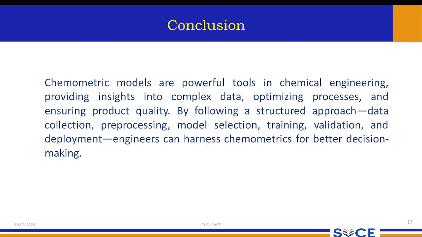Okay. So the conclusion of today's lecture regarding the chemometric models, very important from the chemical engineering perspective. The chemometric models are powerful tools in chemical engineering, providing insights into complex data, optimizing the process, and ensuring the product quality. By following a structured approach of data collection, pre-processing, model selection, training, validation, and deployment, engineers can harness chemometrics for better decision making.